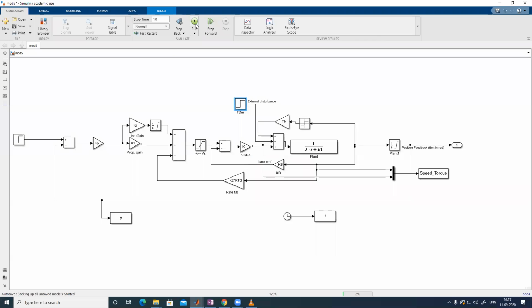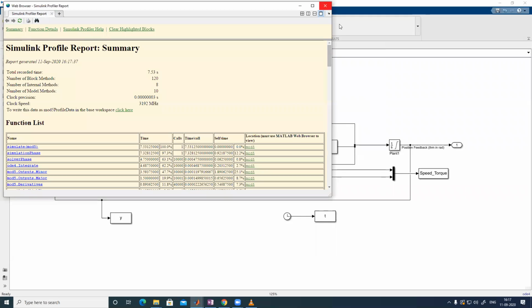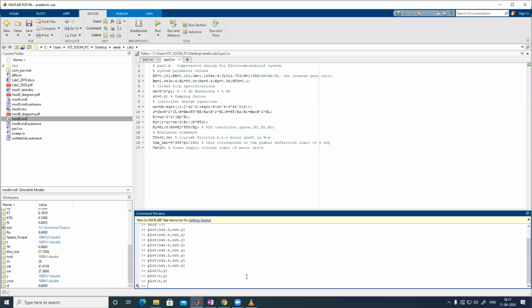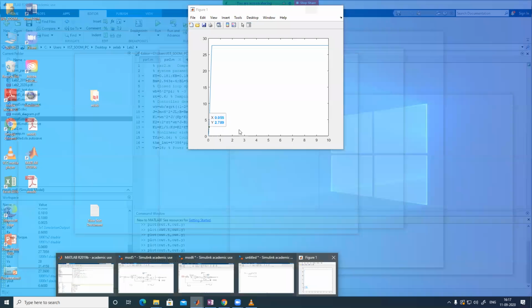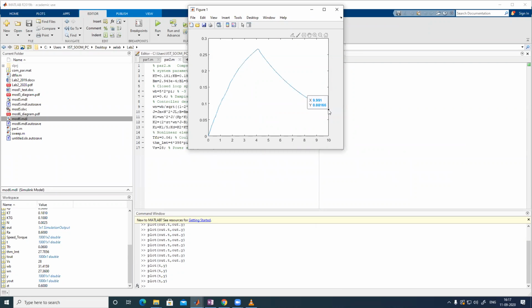Then you run it. Then again plot t comma y. So after the 10th second, I am simulating from 0, so this 10th second value you have to note down.